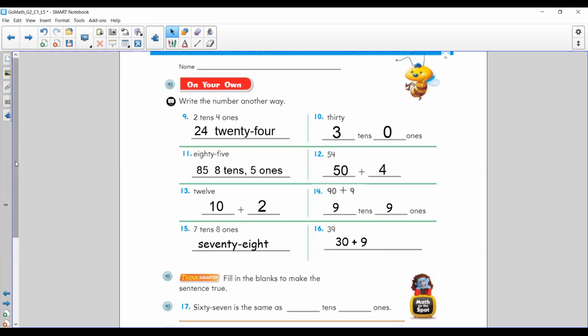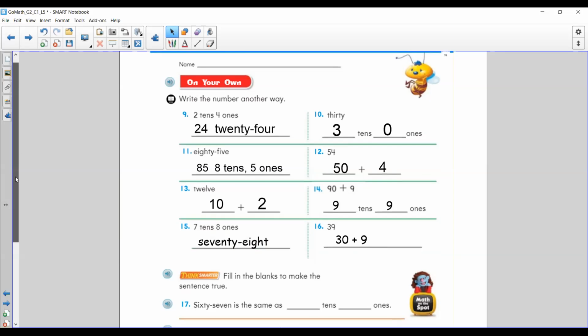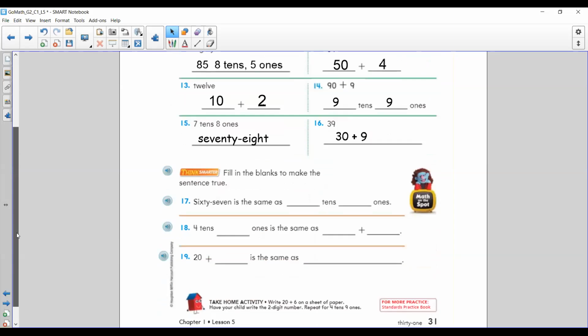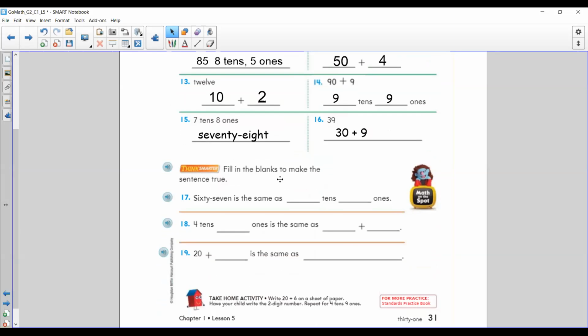Okay, we're almost to math on the spot. For math on the spot, we are going to fill in the blanks to make the sentence true. 67 is the same as how many tens and how many ones? And then 4 tens is the same as how many ones?